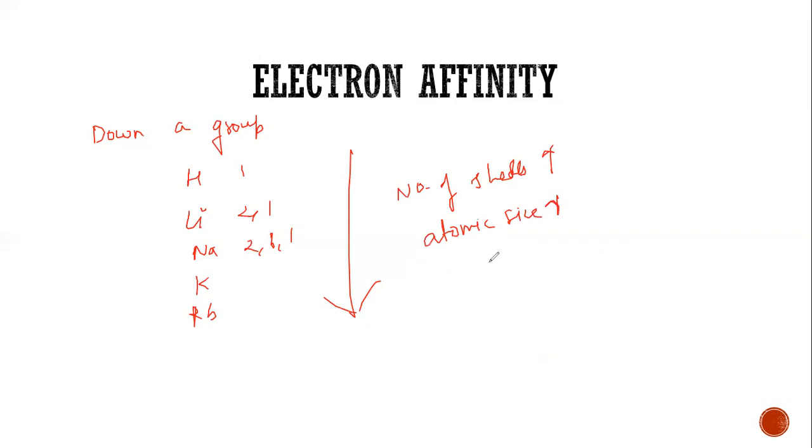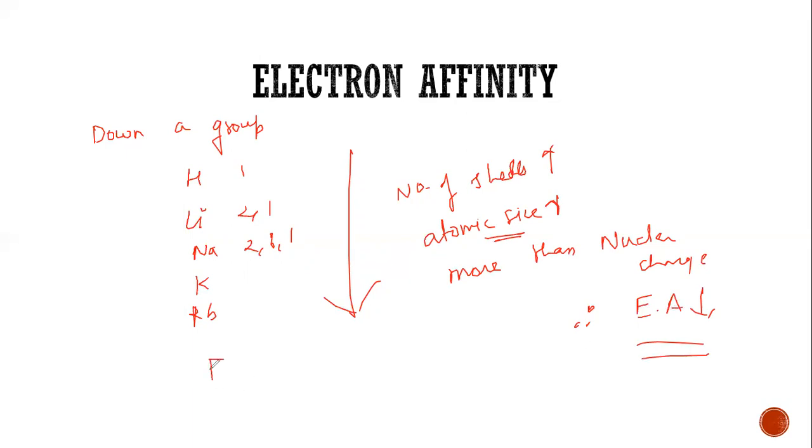The atomic size increases more than the nuclear charge, therefore the electron affinity will decrease. So in the case of electron affinity, when we are moving left to right, the electron affinity will increase, and whenever we are moving down the group, from up to down, the electron affinity will decrease.